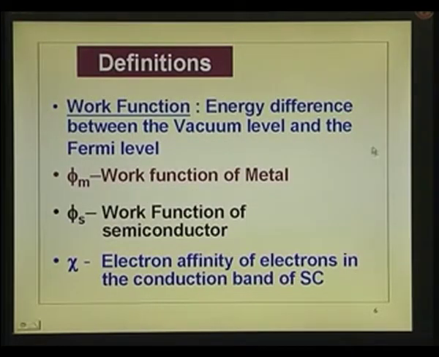That is, work function is the energy difference between the vacuum level and the Fermi level. Phi m is the work function of the metal. Phi s is the work function of the semiconductor, the energy difference between the vacuum level and the Fermi level in the semiconductor. Chi is the electron affinity of electrons in the conduction band of the semiconductor, between EC and the vacuum level.